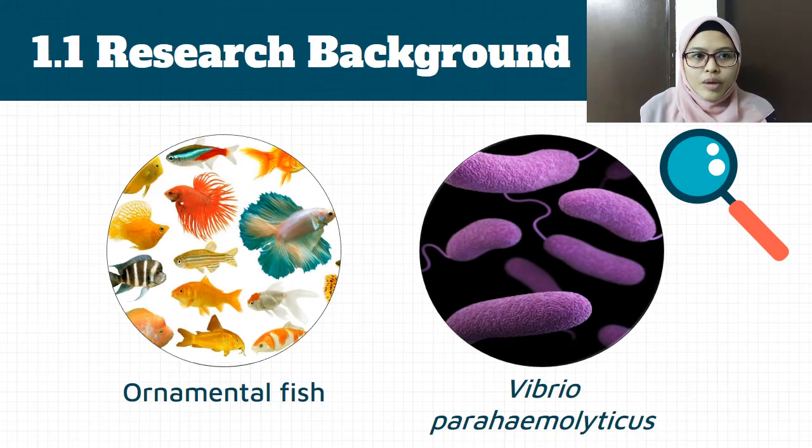Vibrio parahaemolyticus is a gram-negative, straight or curved rod-shaped bacterium with high motility by means of a single polar flagellum. This bacterium is naturally present in brackish and warm coastal waters. It also poses a threat to the ornamental fish industry, where it might cause severe economic loss.